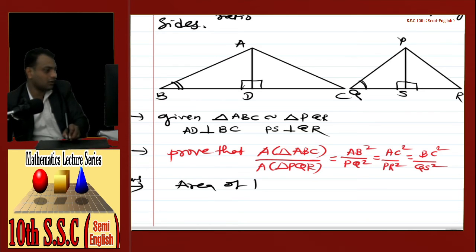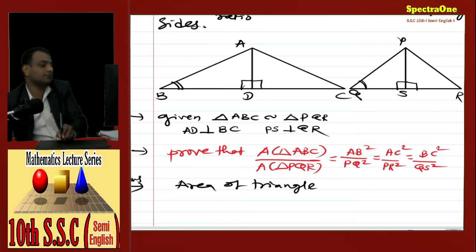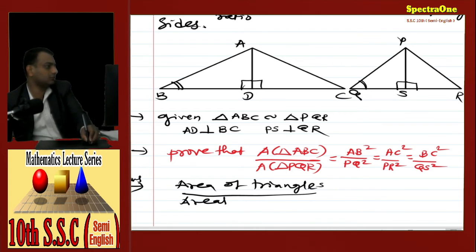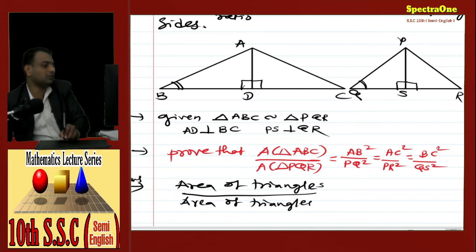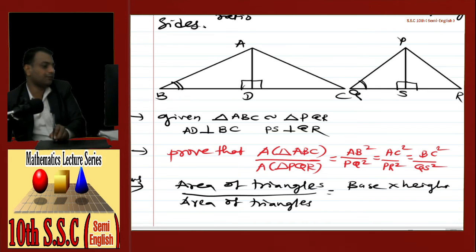Area of triangle upon area of, suppose, second triangle. The ratio is in proportion of base into height.